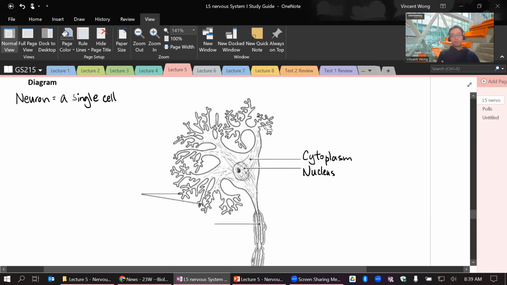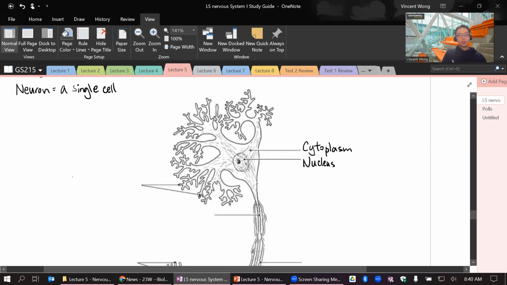Okay. So extending from the cell body, we have these tree-branch-looking structures. That is what we call dendrites. The function of dendrites is to receive signals from another cell.